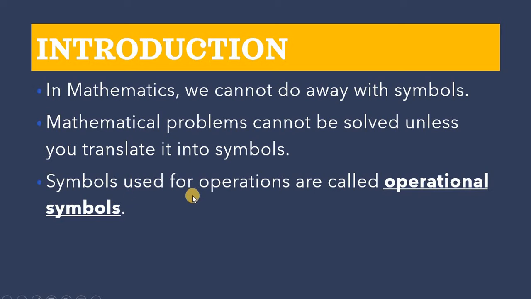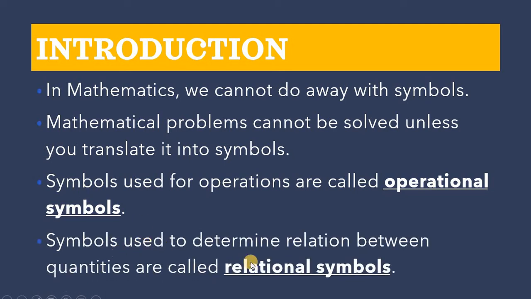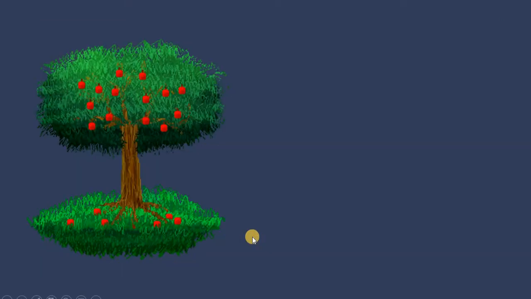Okay? So, symbols used for operations are called operational symbols. And symbols used to determine relation between quantities are called relational symbols. So, yung relational symbols, examples are greater than, less than, equal to, not equal to, so on.